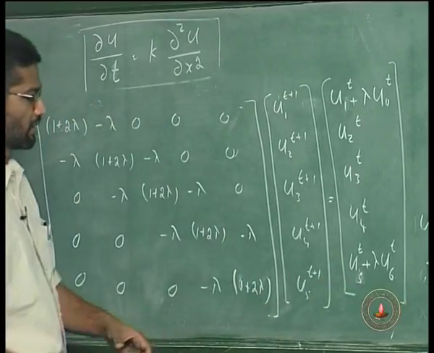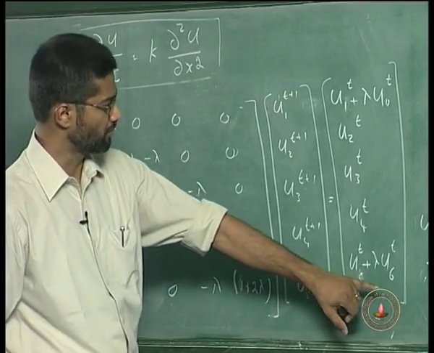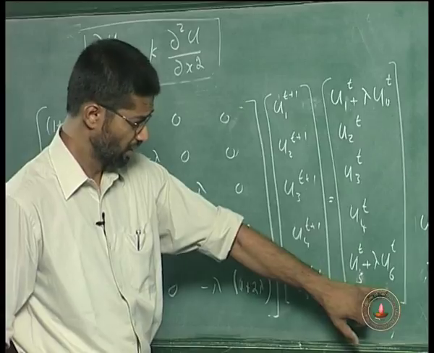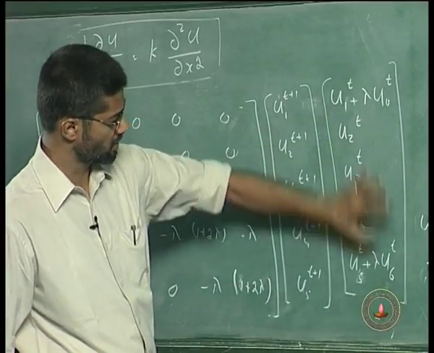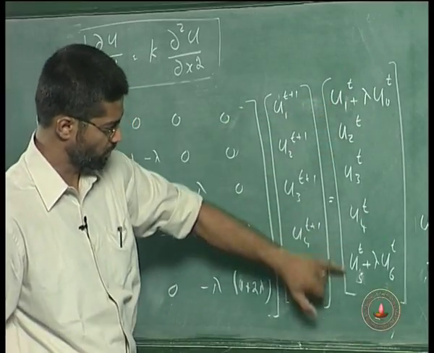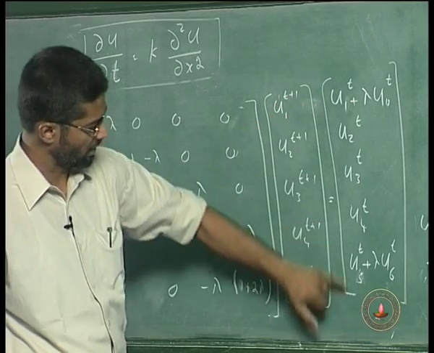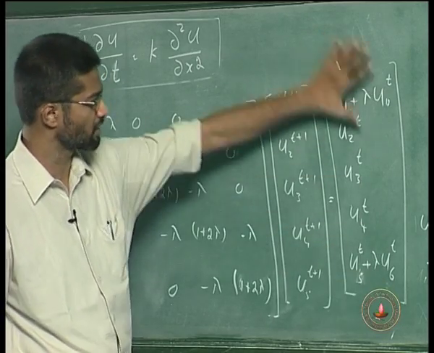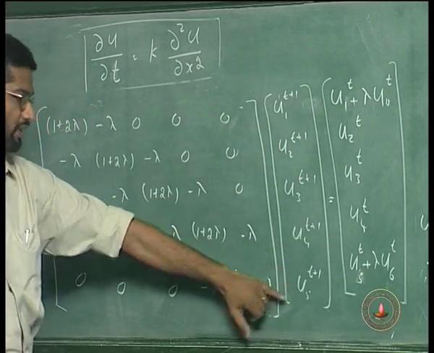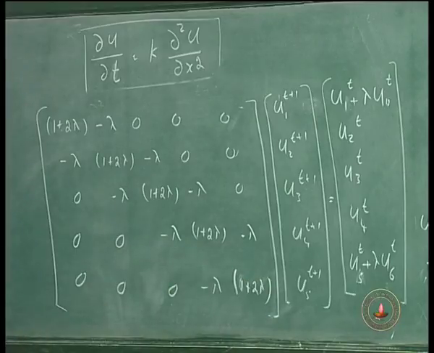Okay, so now these two values are fixed, and the others we will solve for. All values at time t are known, so we know the right hand side, and we can solve these equations at time t plus 1.